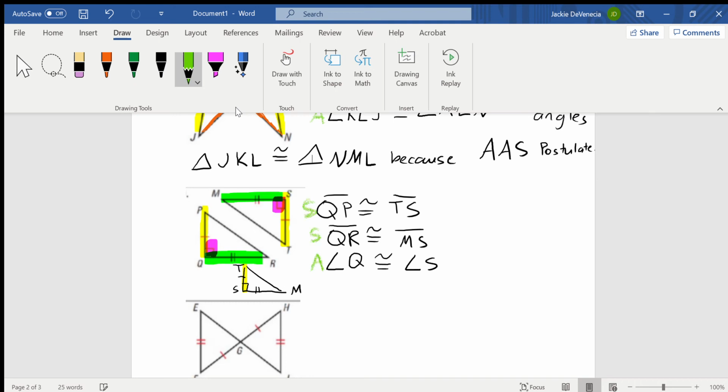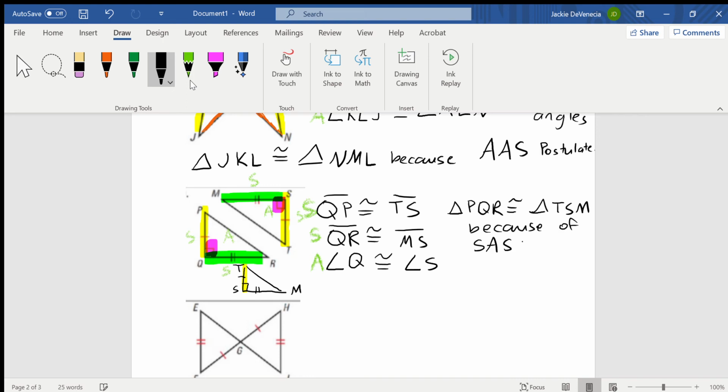So let's see how they ordered it. So it looks like we have two sides, and then in between we have that angle. So with this, we can actually say triangle PQR is congruent with triangle TSM because of the side angle side postulate.